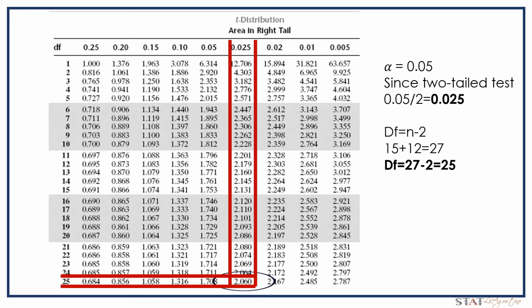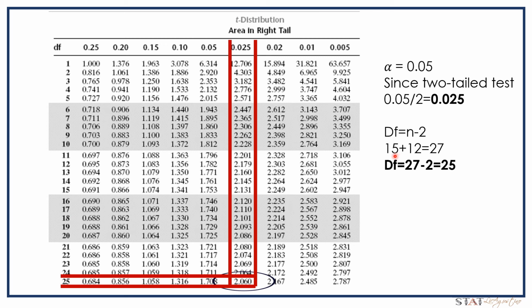And this is how you find your t tabular, or the critical value, from the t distribution. Alpha, our level of significance, is 0.05, but since it is two-tailed, we divide it by 2, 0.025, and our degrees of freedom is n minus 2, our sample minus 2.